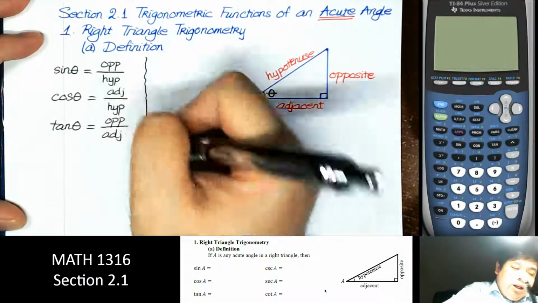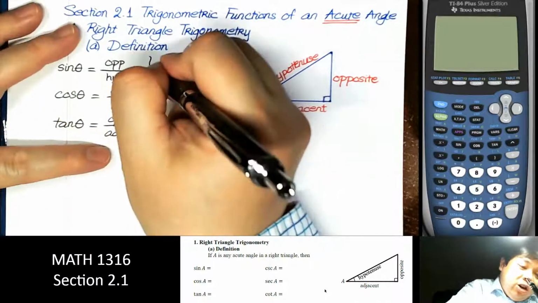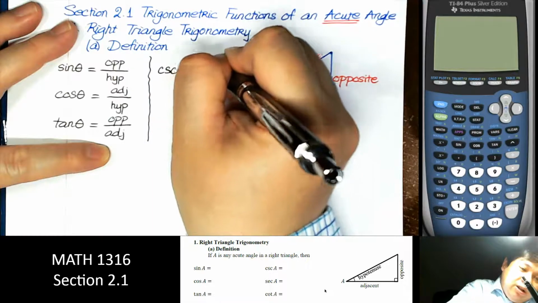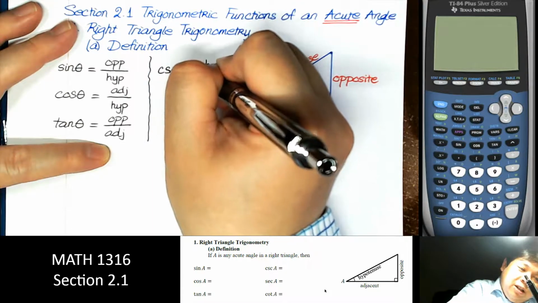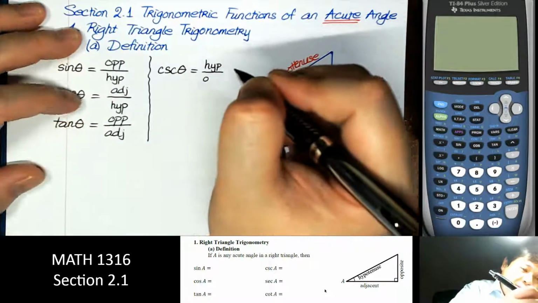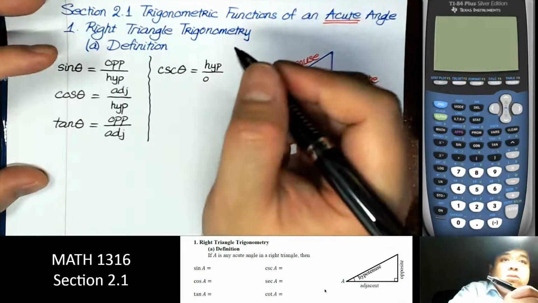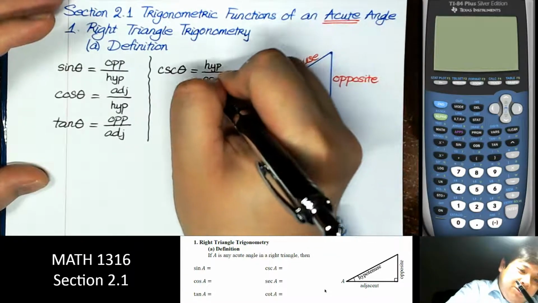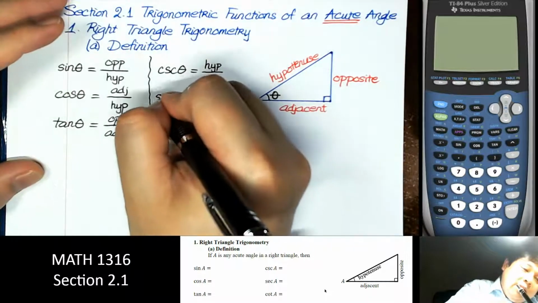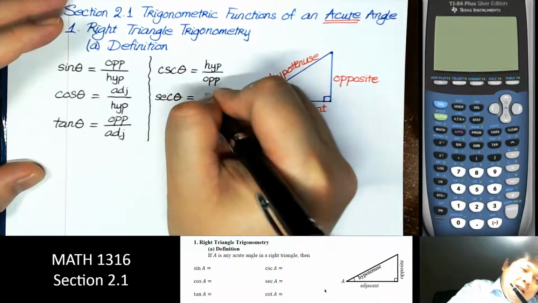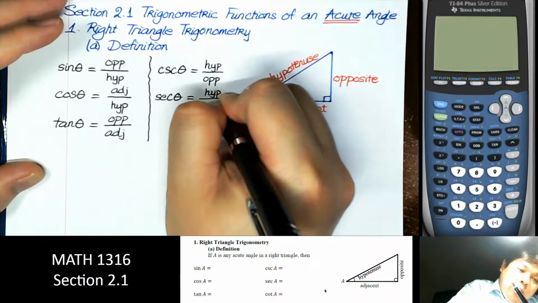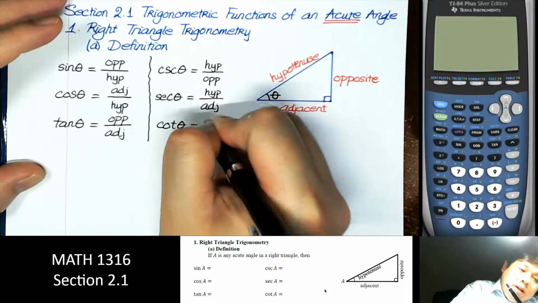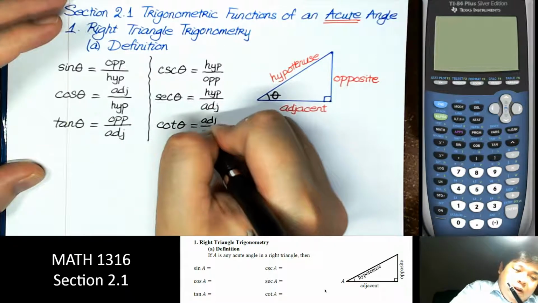Once we have those three, we're just going to flip them and have the reciprocal functions. Cosecant is hypotenuse over opposite. Secant is hypotenuse over adjacent. And cotangent is adjacent over opposite.